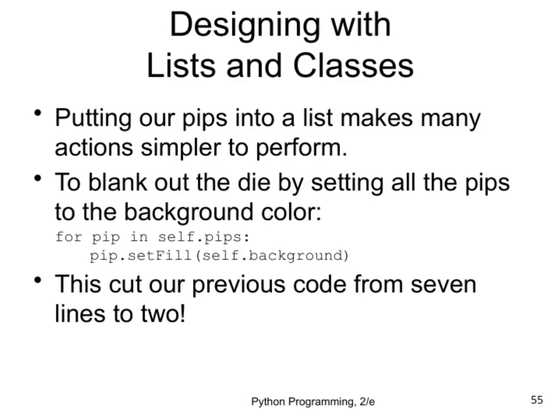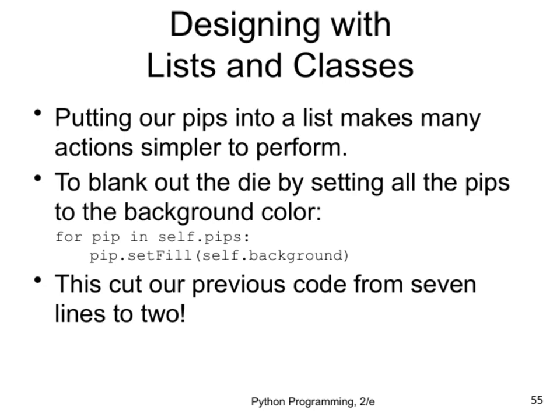Putting our pips into a list really makes many actions much simpler to perform. For example, if we want to blank out the die by setting all the pips to the background color, we can just loop through each pip in the list and set its fill to the background. This approach replaces what used to be a longer, more complex set of code. In fact, it cuts down what used to take 7 lines into just 2 lines.